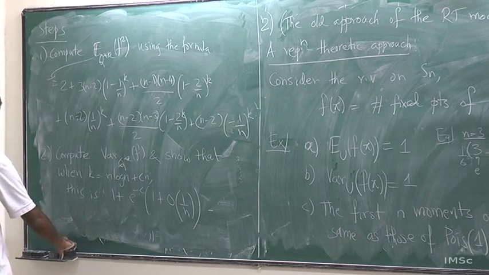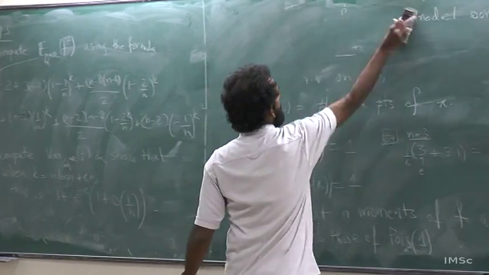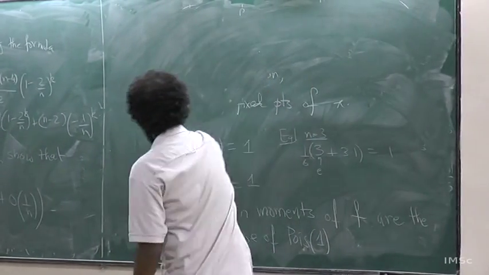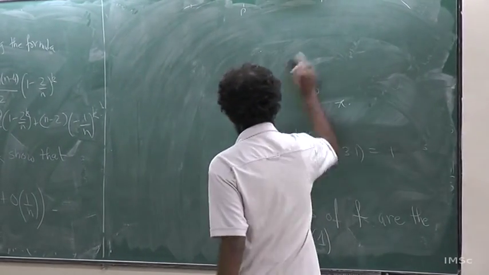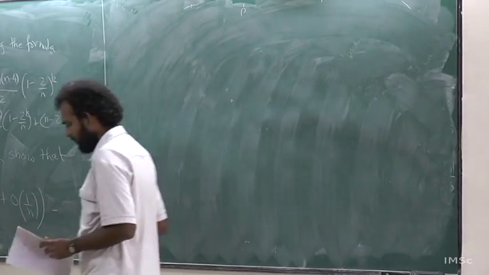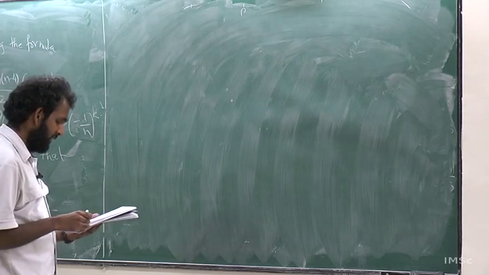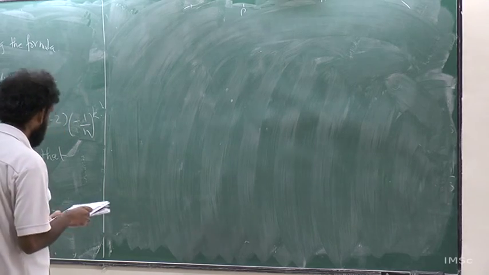And the last step is to use the Chebyshev inequality. So if you have control on both the first and the second moments, or the mean and the variance, one can use Chebyshev.